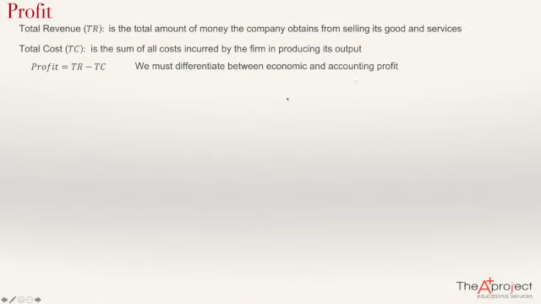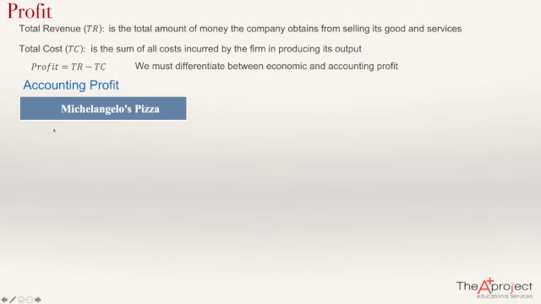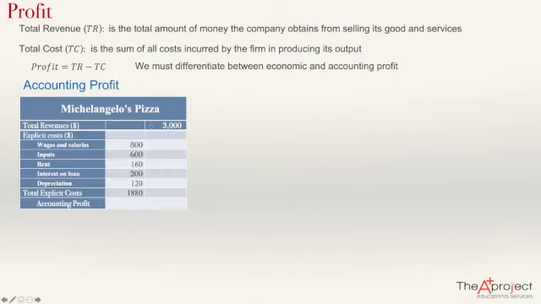Assume that, for example, we have a firm that sells pizza. Let's call it Michelangelo's Pizza. To compute Michelangelo's profit, what an accountant will do is analyze the total revenues of Michelangelo's and all these explicit costs.